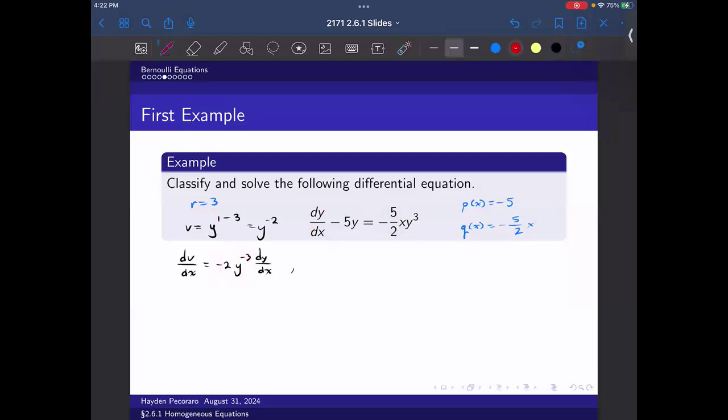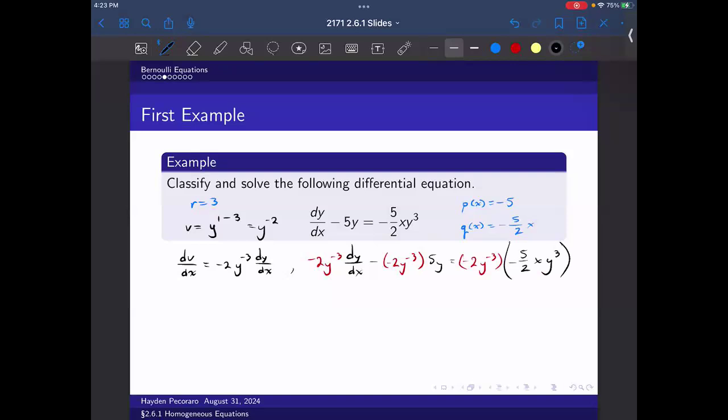So multiply by minus 2y to the minus 3: minus 2y to the minus 3 dy dx minus minus 2y to the minus 3 times 5y equals minus 2y to the minus 3 times minus 5 halves x y to the third.